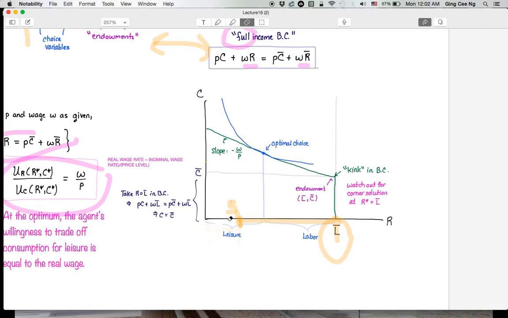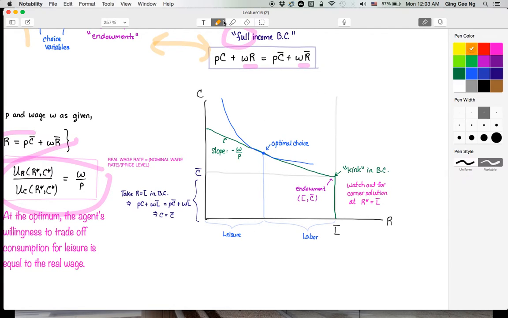So at the optimum, I've drawn a picture here where the optimal choice happened to be an interior solution. This distance from the origin 0 to R star, that's my leisure hours.